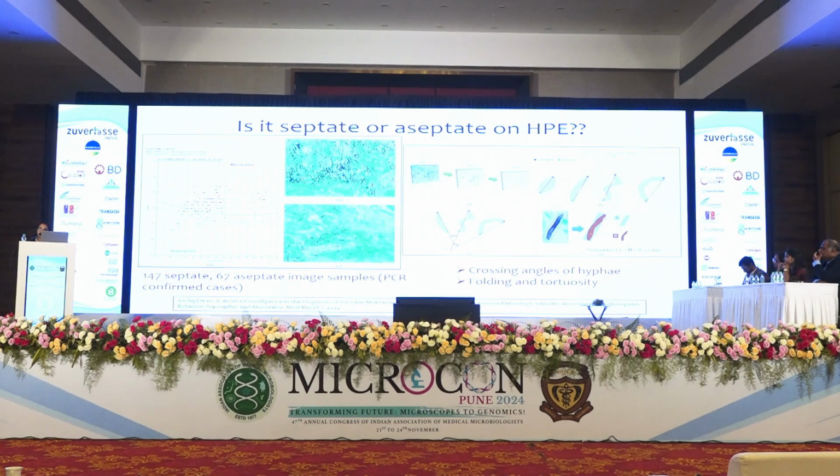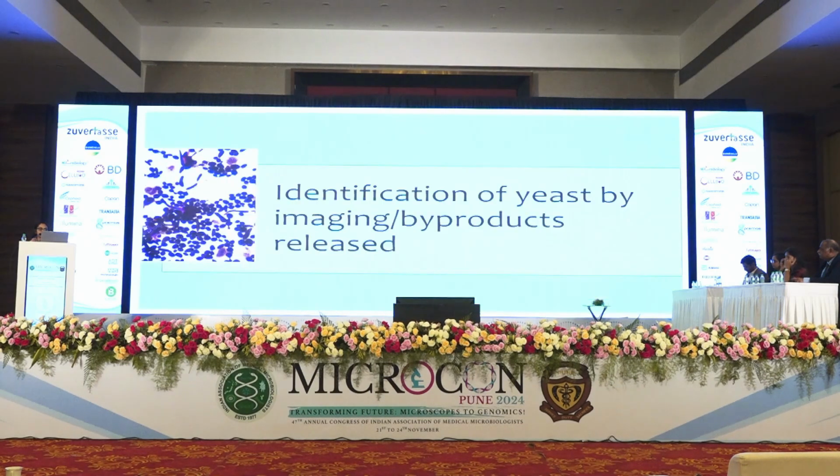These were all PCR confirmed cases. So they measured the crossing angles of the hyphae and also the folding and the tortuosity, which is more enhanced with Mucorales. And they developed an algorithm to actually differentiate between Aspergillus and Mucor. And we all know the importance of detecting Mucorales in a given tissue sample. It really impacts the management.